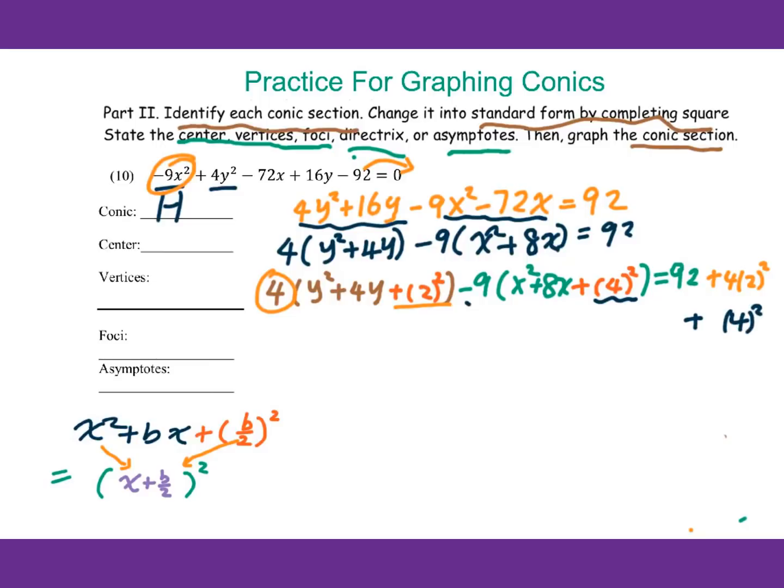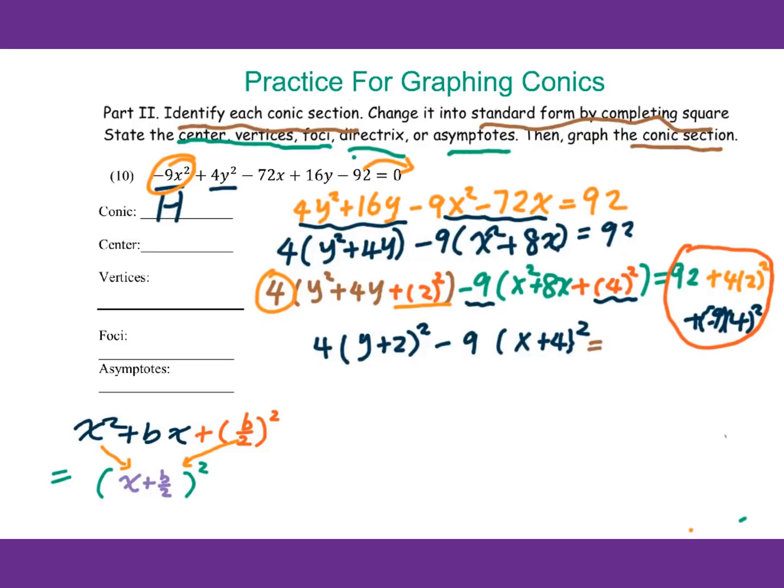But the factor before that is negative 9, so I put the negative 9 like this. Then we work this out. You get 4 times y plus 2 squared minus 9 times x plus 4 squared equals negative 36.